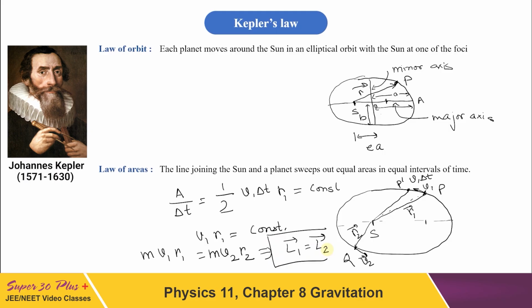So this is conservation of angular momentum, or the law of areas given by Kepler. Both are the same. One more thing you can derive from here: the rate of change of area, known as areal velocity, can be written as angular momentum upon 2m. So we can calculate, if required, the areal velocity of the planet, which is equal to angular momentum upon twice the mass.